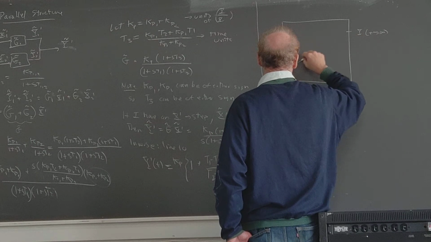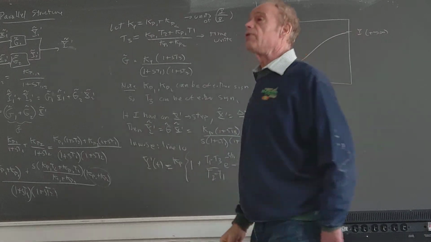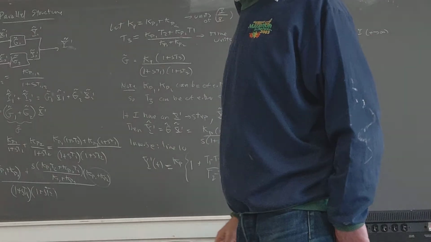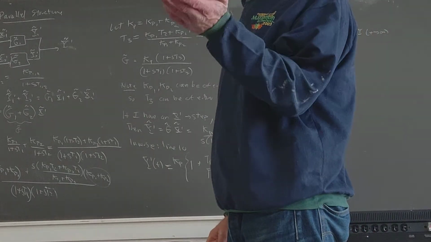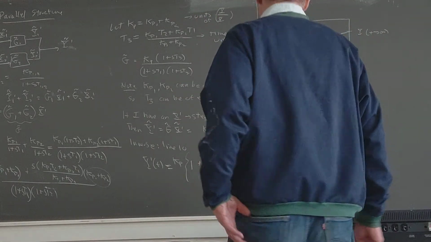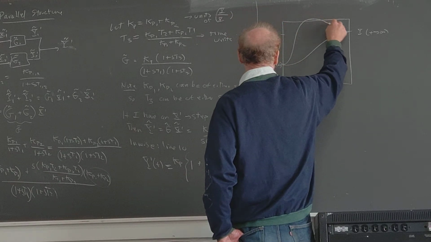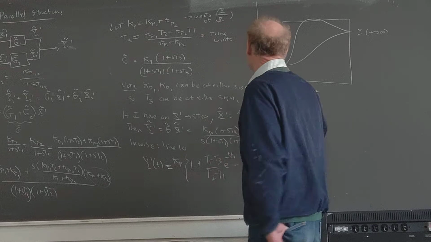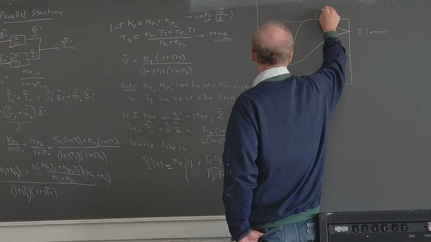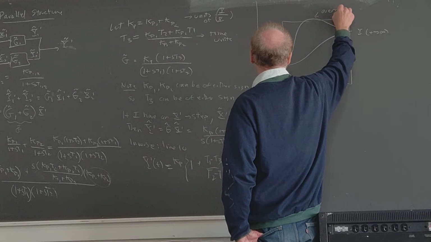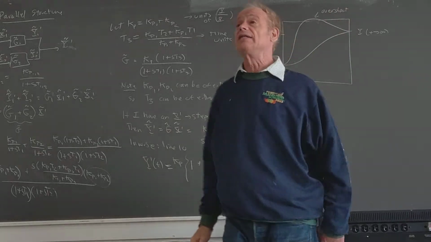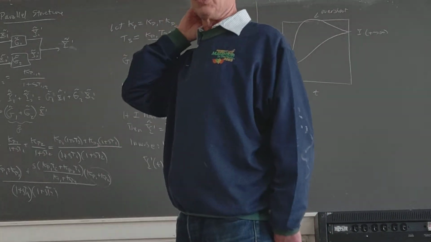What we sometimes would hope for is somehow I would get a monotonic rise. Now, of course, this is going to depend on what t1 and t2 are. But I can also get sometimes something that looks like this. And this is called overshoot. And this depends on the values of t1, t2, and t3.